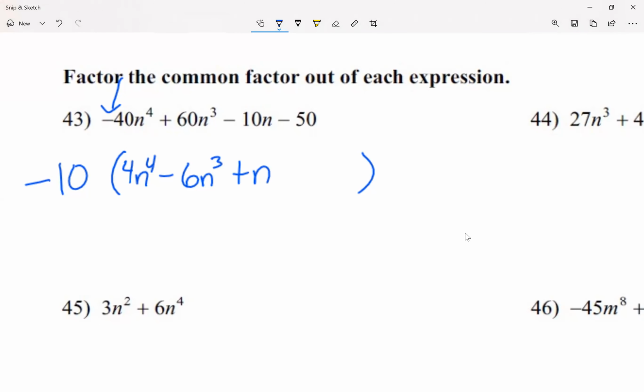We usually don't write the 1 in front of a letter, so I'm just going to write n, and then plus 5. Every number I'm dividing by 10 and switching the sign. I want the first number inside my parentheses to be positive. That's it. That's all I do.